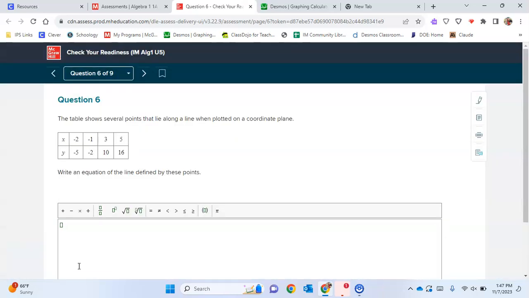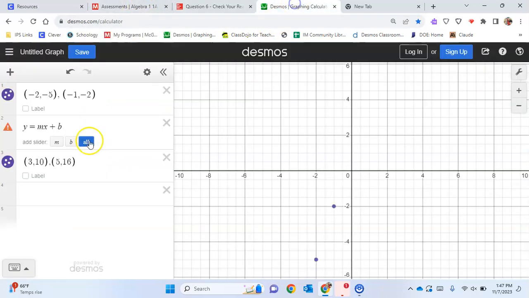Question 6. The table shows several points that lie along a line when plotted on a coordinate plane. Write an equation of the line defined by these points. All right, I'm going to write ordered pairs for each of these points. The first one will be (-2, -5), (-1, -2), (3, 10), and (5, 16).